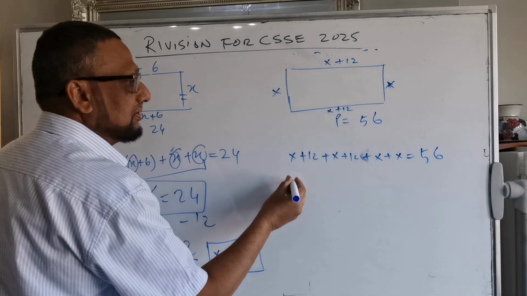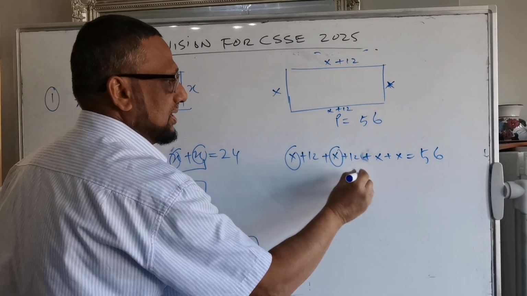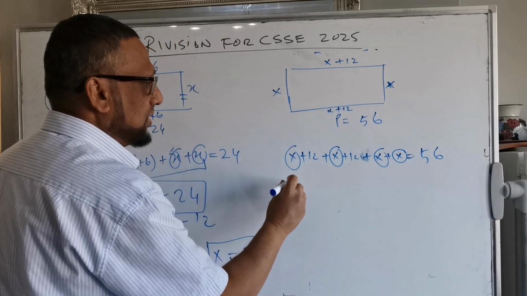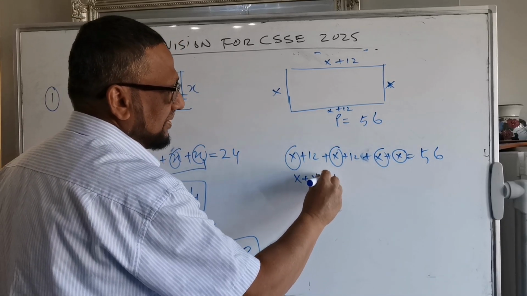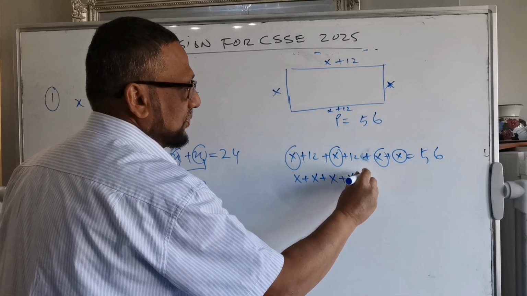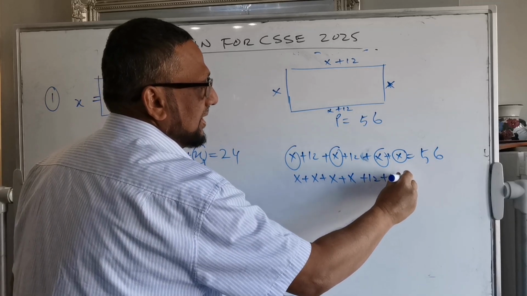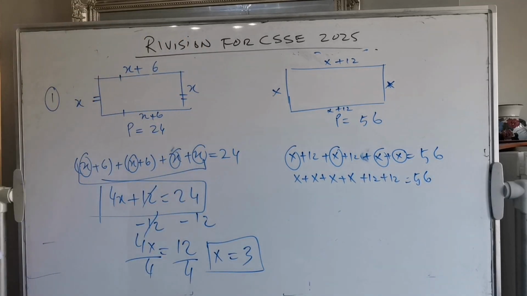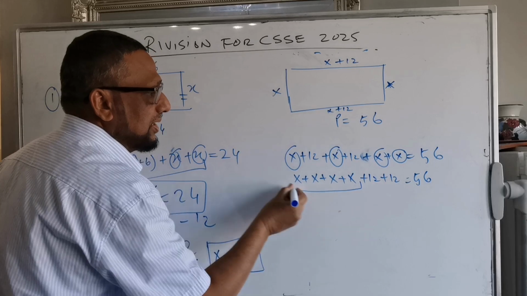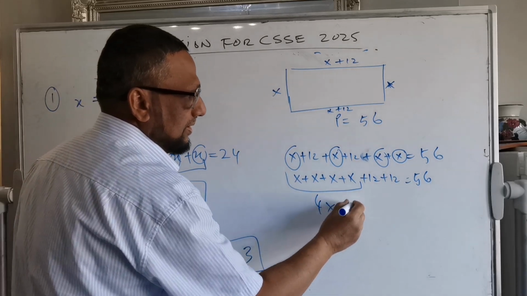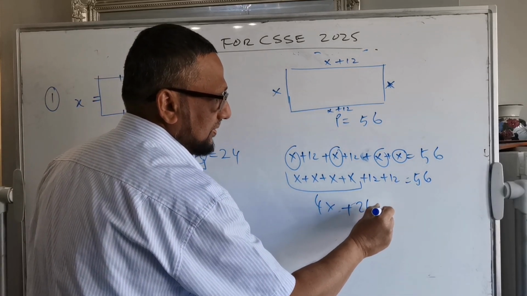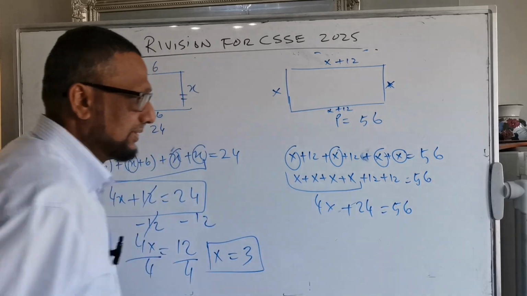How many x are there? Rearrange if you would like to avoid any confusion. So x plus x plus x plus x plus 12 plus 12 equal to 56. So it's going to be 4x plus 24 equal to 56.